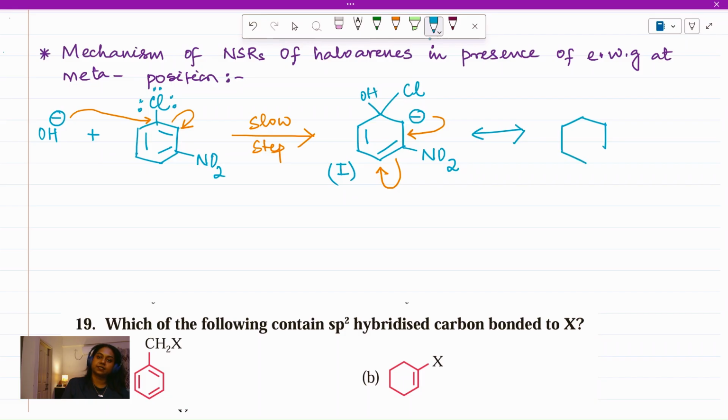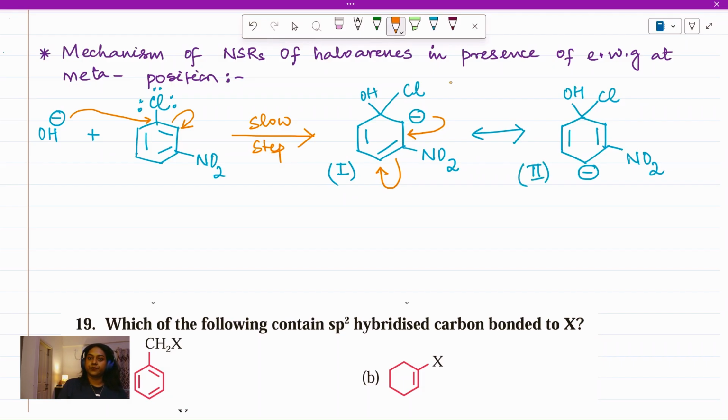We have the next resonating structure looking something like this: OH here, Cl over here, a new double bond here, and a negative charge at this para position, and this bond was there before, and you have the NO2 group as it is at meta position. Now, this is resonating structure 2.